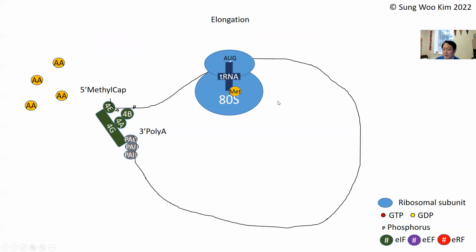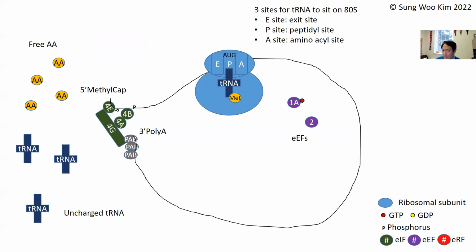I will try to draw this 80S again in more detail. Okay. You look at the 80S initiation complex, it can read 3 codons at one time. The location where the first codon is read is called the E site. That's a short name of exit site.